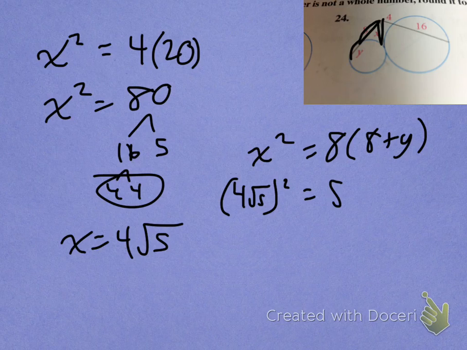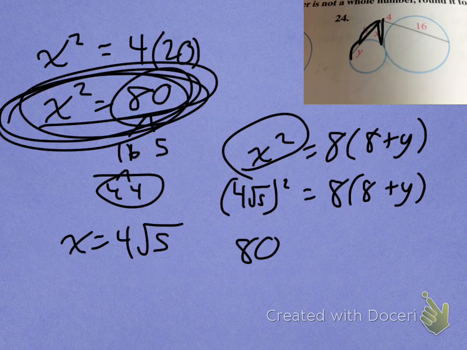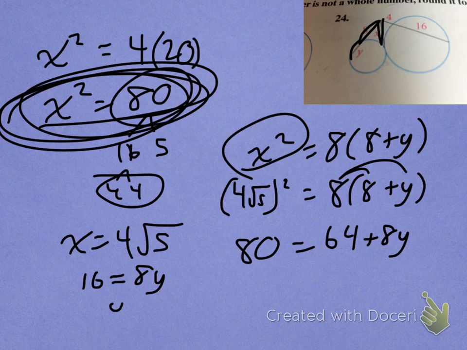Because you already know that what you took the square root of to get the 4 rad 5 was 80. So x squared is 80. It's written here. So this is going to become 80. So 80 equals, distribute here, you get 64 plus 8y. Subtract 64 from both sides, you get 16 equals 8y, therefore y equals 2. And you've got your answer.